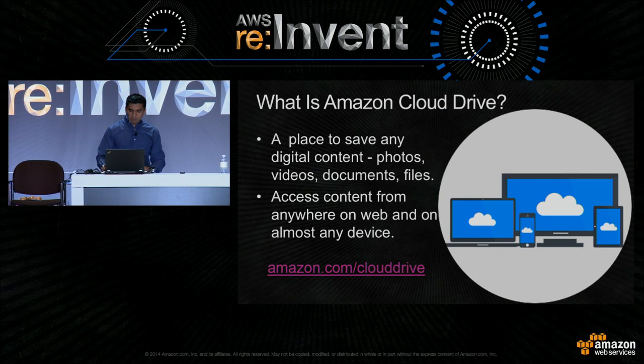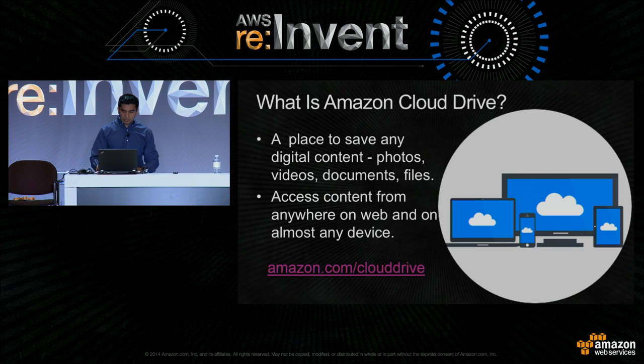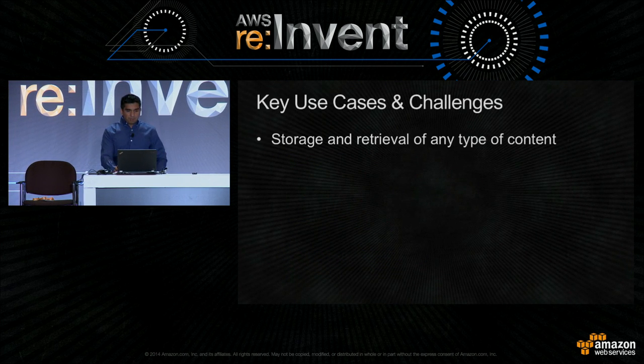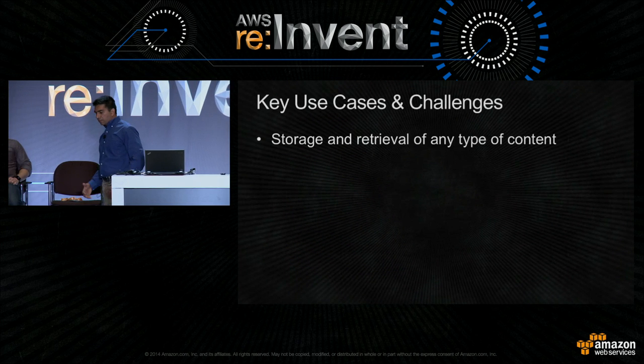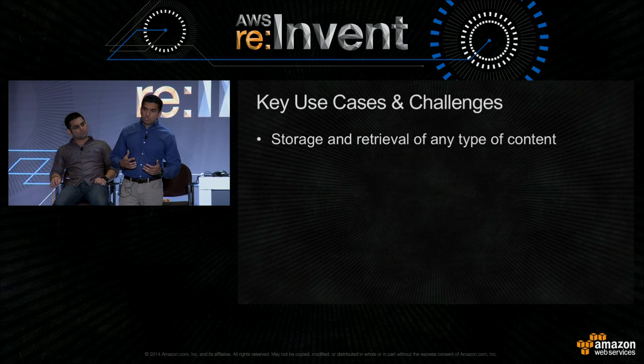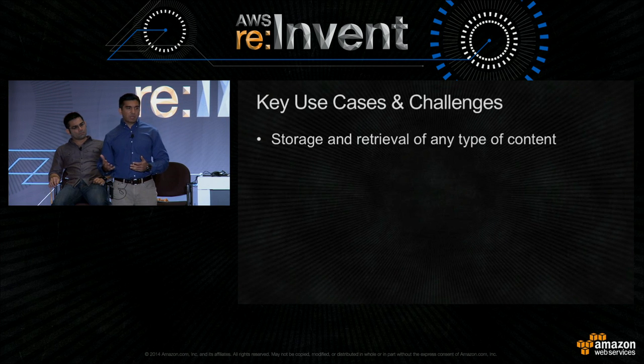So let me share with you some of the key use cases for Amazon Cloud Drive. One of the big things our services needed to enable was to be able to scale and store any kind of content.